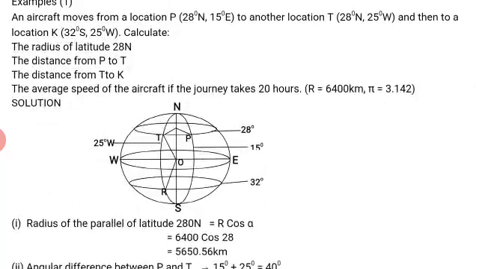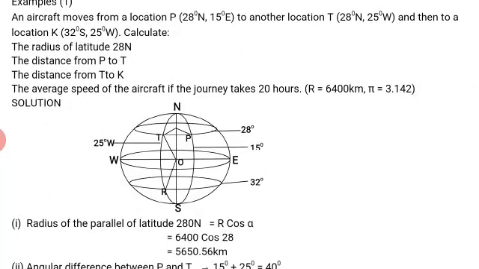For example, the location of point P on the globe will be where the latitude 28 degree north intersects with the longitude 15 degree east. As can be seen on the diagram, point P is in the eastern part of the longitude, while it is in the northern part of the latitude. Then we have our point T and also point K located on the globe.